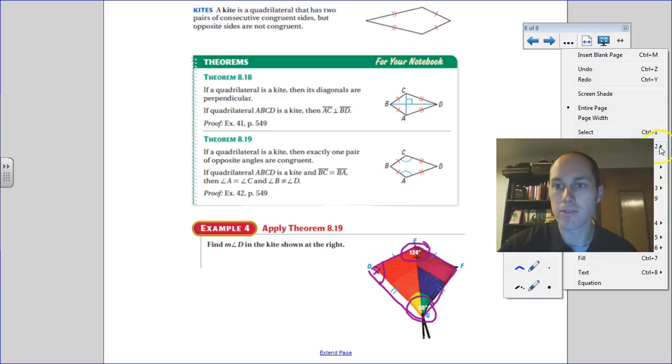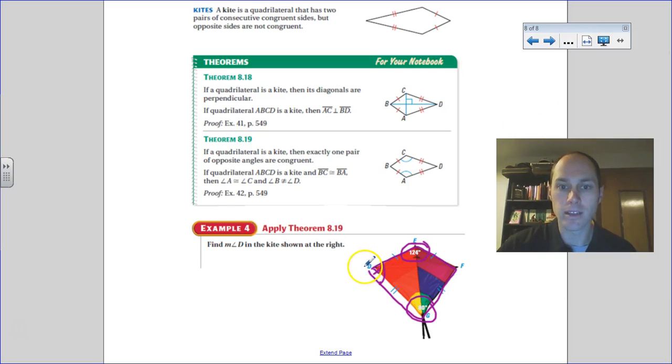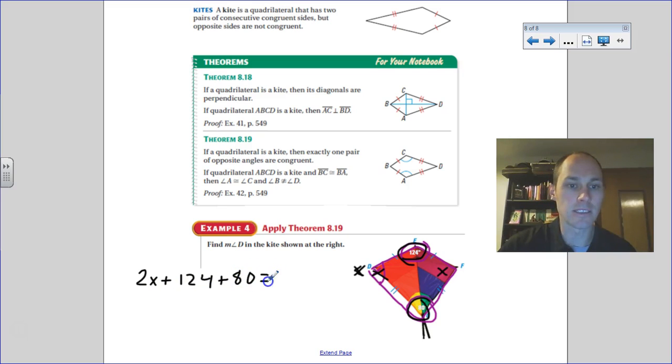So angle D we'll call x, angle F we'll call x, and we have 124 up here and 80 down here. Since these two are not congruent, that means these two have to be congruent. So x plus x is 2x, plus 124, plus 80 will equal 360 degrees. So if we add those together, 2x plus 204 equals 360.